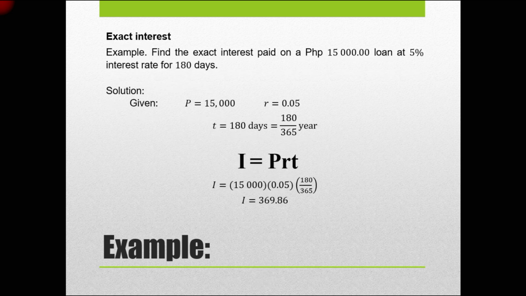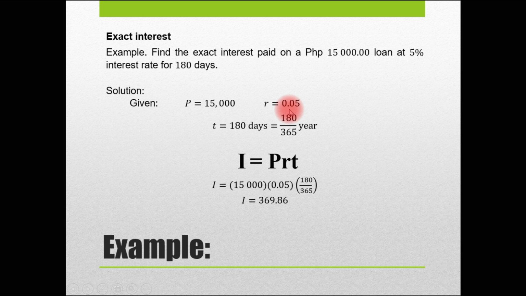So, find the exact interest paid on a 15,000 pesos loan at 5% interest rate for 180 days. This is similar doon sa second problem natin sa ordinary interest. Okay? So, ang principal natin again ay 15,000. Ang rate natin ay 0.05. At dito siya nagkakaiba.